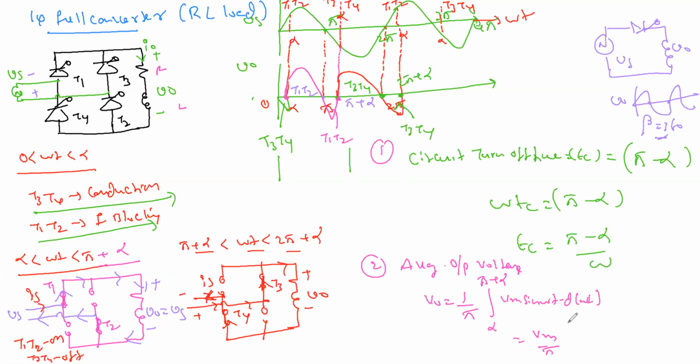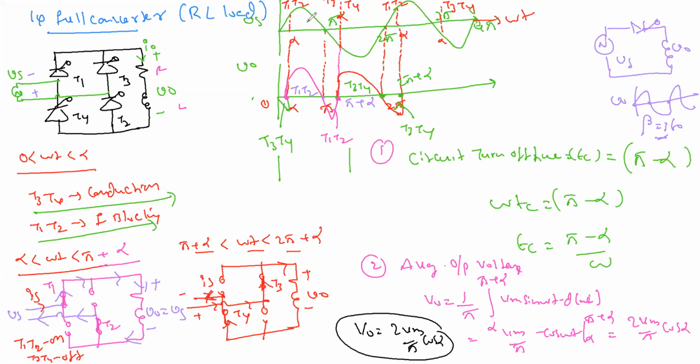Vm by pi, then sin omega t integrates to minus cos omega t, substitute. Vm by pi, minus cos omega t from alpha to pi plus alpha. So this will be 2Vm by pi cos alpha. Very important expression for single phase RL load: 2Vm by pi cos alpha. Okay?